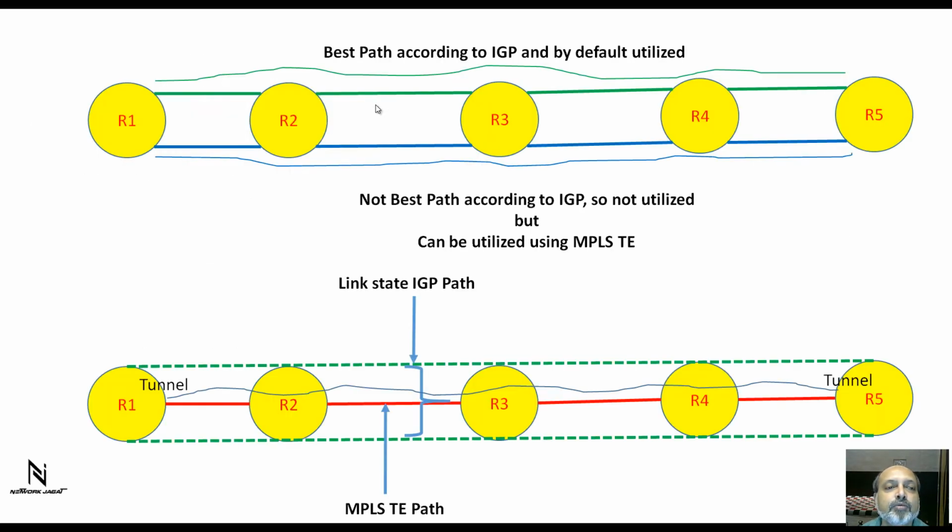So once again, if this blue path came into the hands of CSPF first, and then this green path appeared, and both of them have similar attributes, in that case the blue path will be used and the green path will not be used. Why? Because the blue path made itself available first in the hands of CSPF. Understood? So in this way CSPF works.